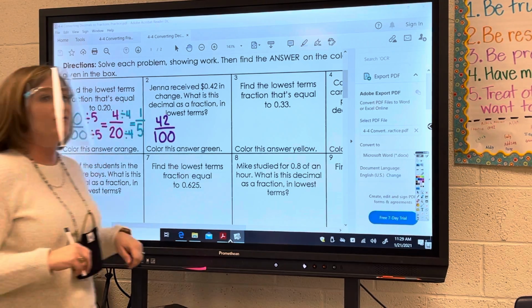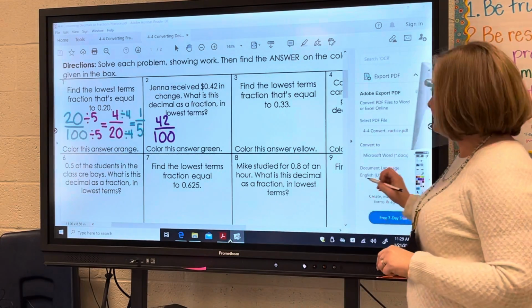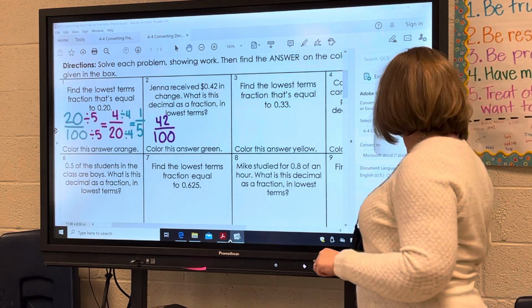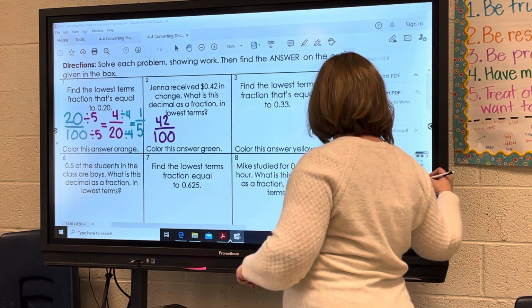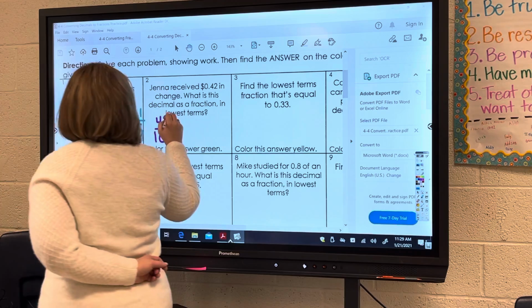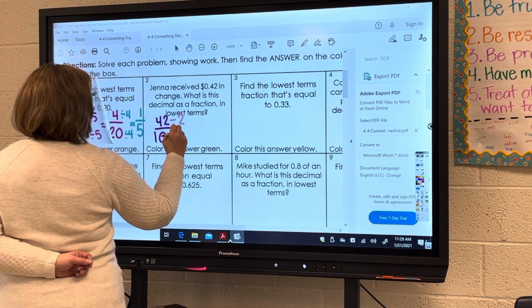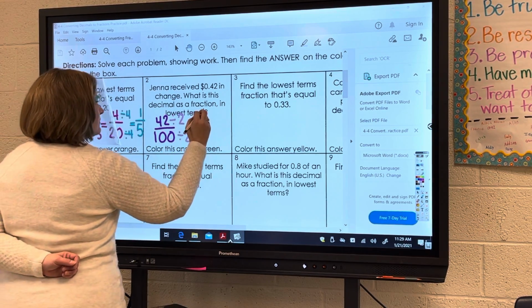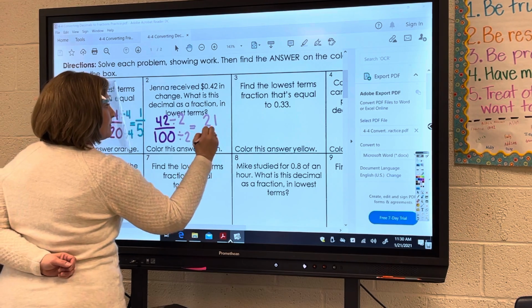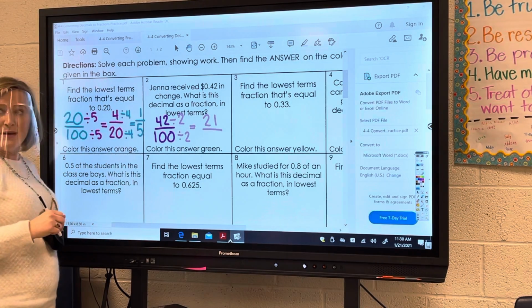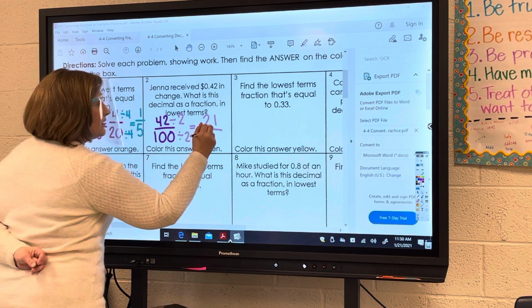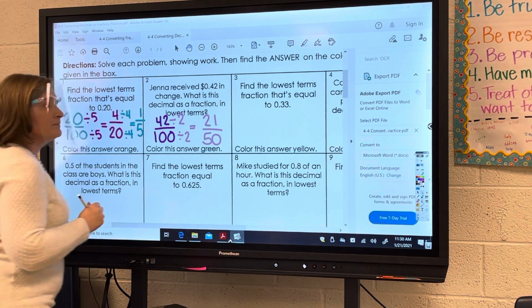Now, what can I divide 42 and 100 by? 2. Different color so it shows up. 42 divided by 2 is what? 21. 100 divided by 2 is 50. Can we go any farther? No.